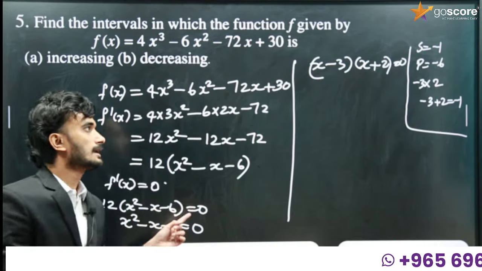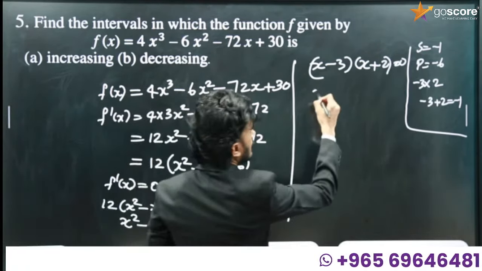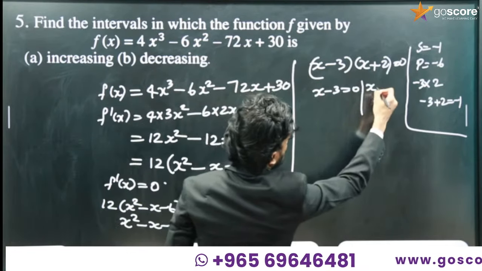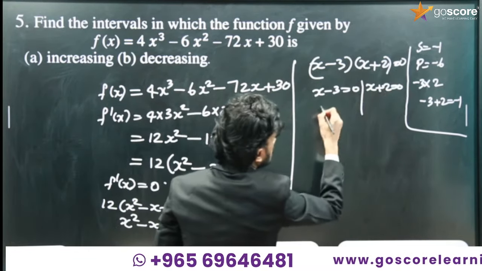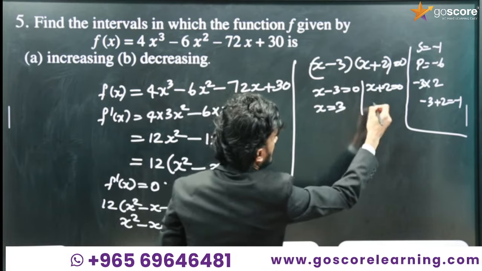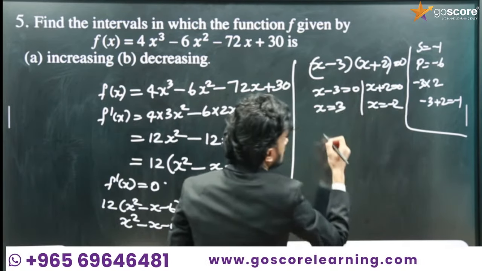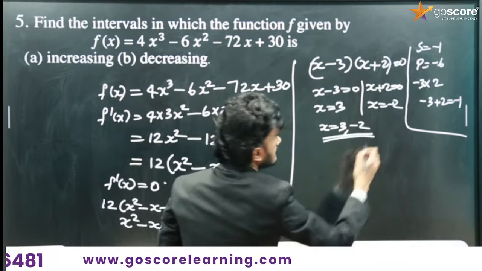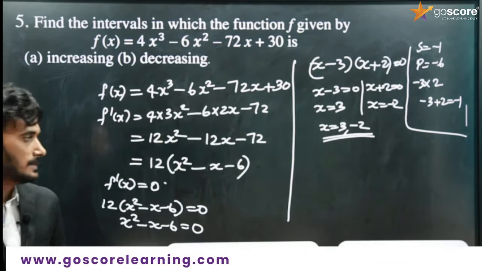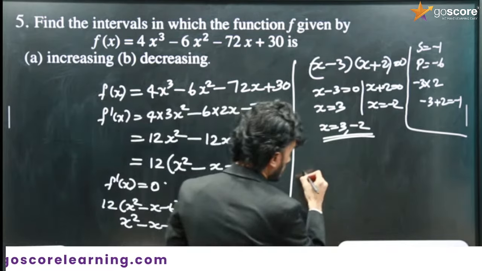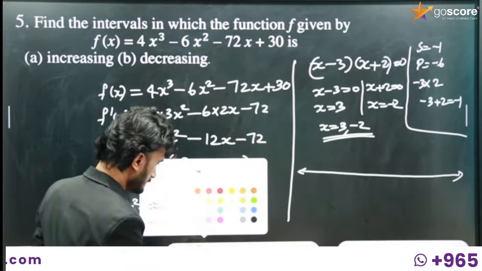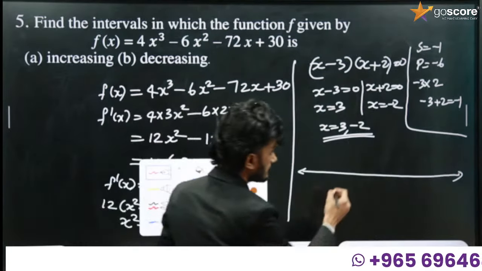So the limits are x minus 3 is equal to 0 and x plus 2 is equal to 0. So x is equal to 3 and x is equal to minus 2. These are the limits. So we can draw this on a number line.